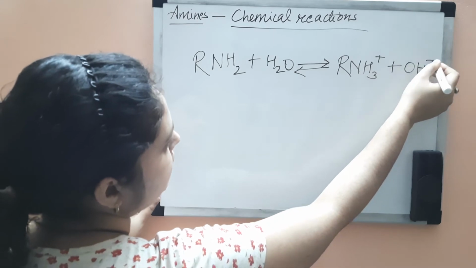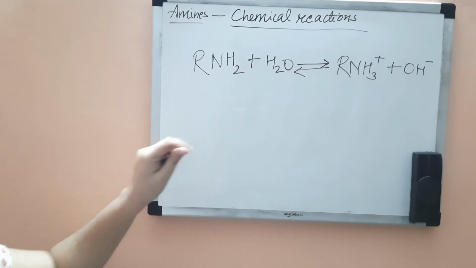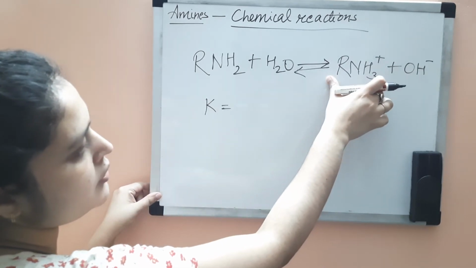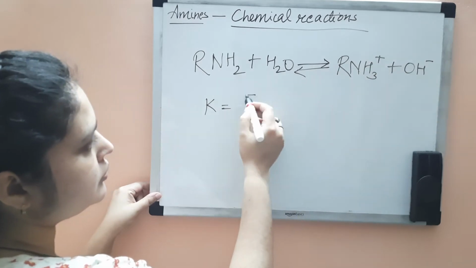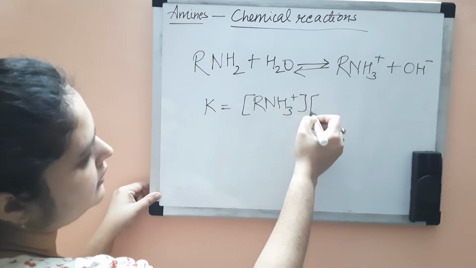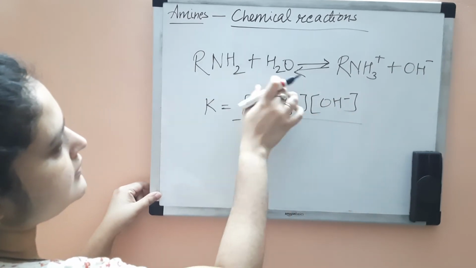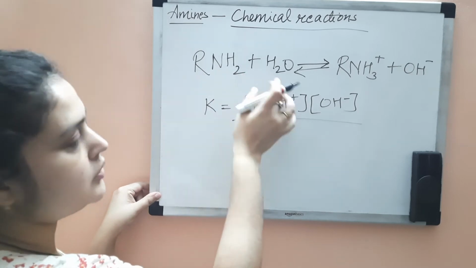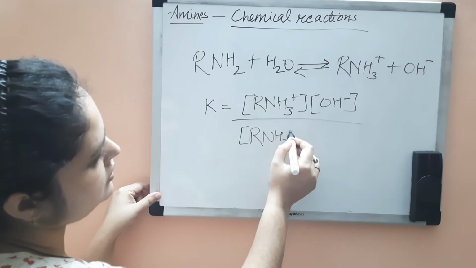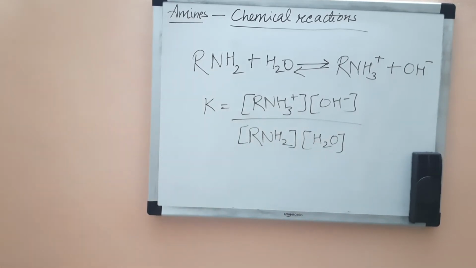So what will be the Kb? What will be the equilibrium constant first? The equilibrium constant will be the concentration of the products, RNH3+ and OH-, divided by the concentration of the reactants, RNH2 and H2O. So this is the equilibrium constant.